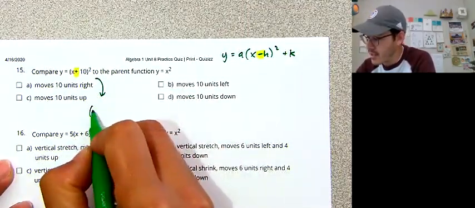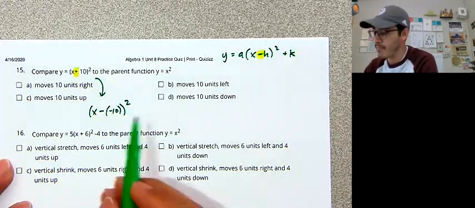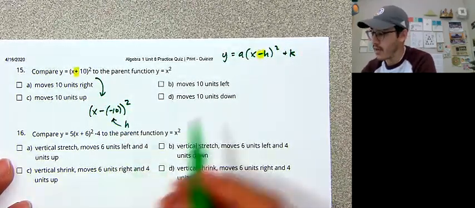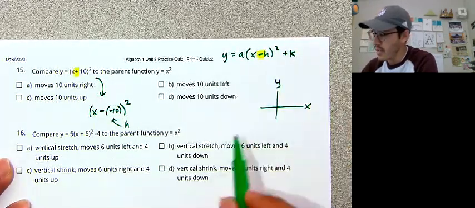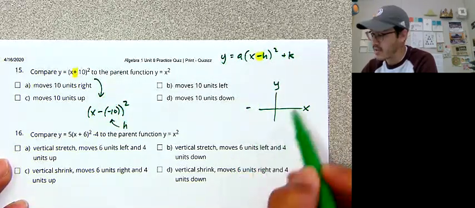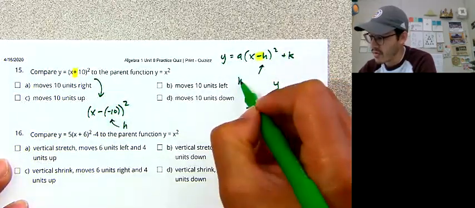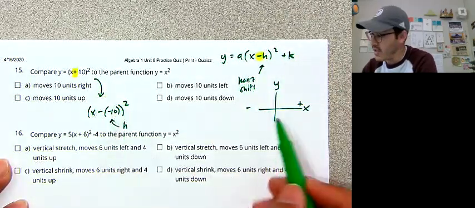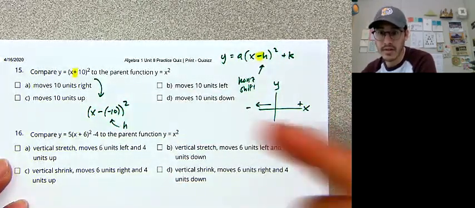So this is the same as (x minus negative 10) squared. And so now you can see that our h value is negative. And if we think about our axes, negative numbers are on this side of the x-axis, positive numbers are on that side. And h is a horizontal shift. So the fact that h is negative is telling us the parabola is going to shift towards the negative side of the number line, so that's to the left.